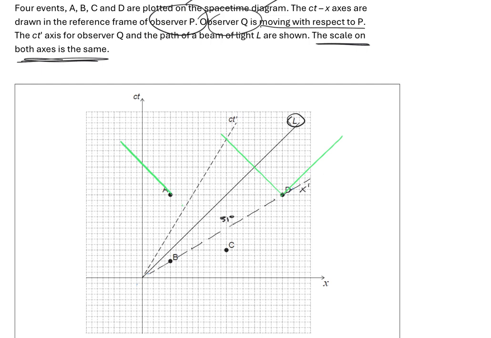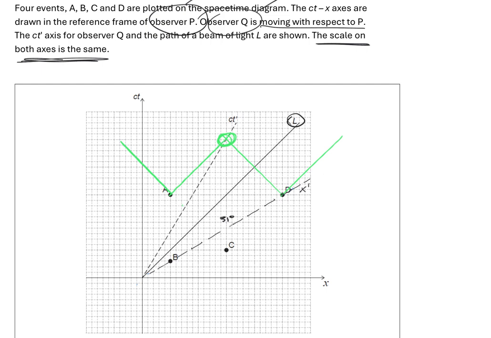But if I go the other way, lo and behold, yes, they do meet at the same time, at the same point on the CT prime axis.